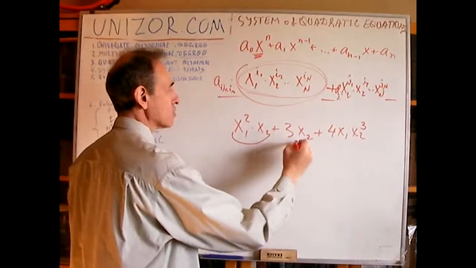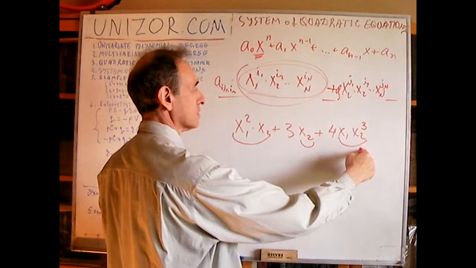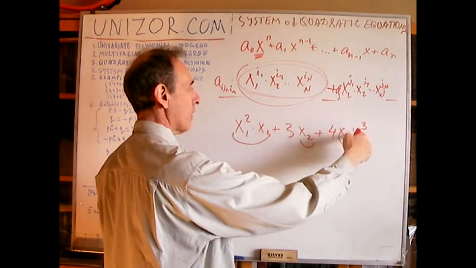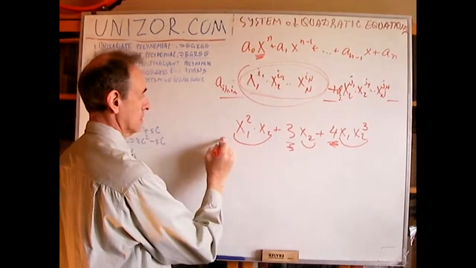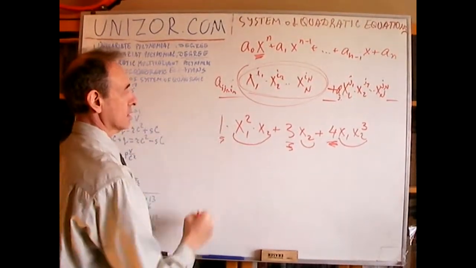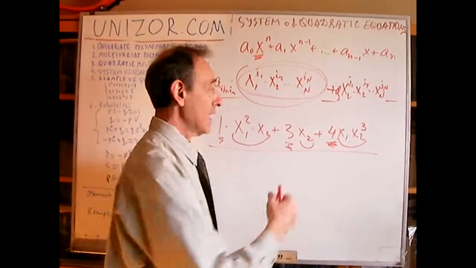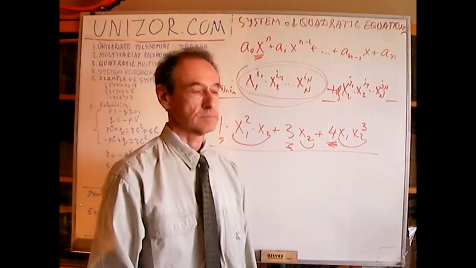So the combination of products of variables raised to certain powers multiplied by constants, in this case the constant is 1 obviously, and summed together. Anything which looks like this is a multivariate polynomial.